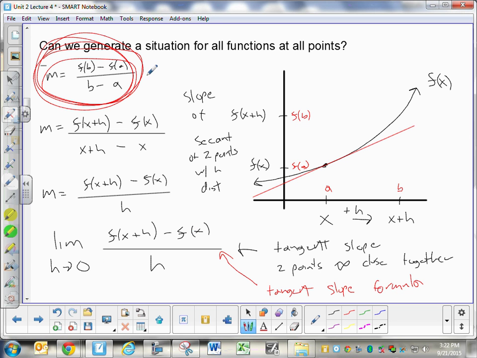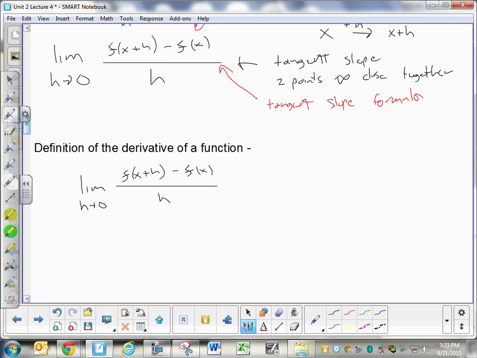Okay? It came from just plugging different things in and simplifying and taking 2 points and putting them infinitely close together. It's just a slope formula that you are used to using. It just now looks different because we have h, which is a distance. And we're saying, all right, the 2 points that we're finding the slope for are infinitely close together. But it's still just slope. So that should be comforting to you, that this is just slope.